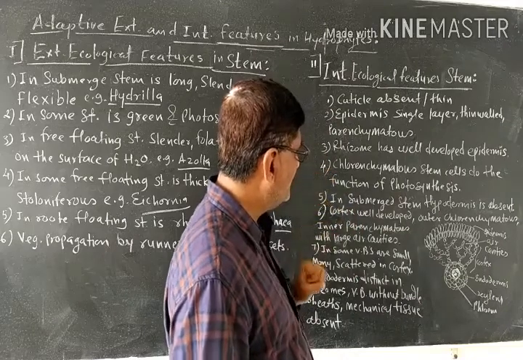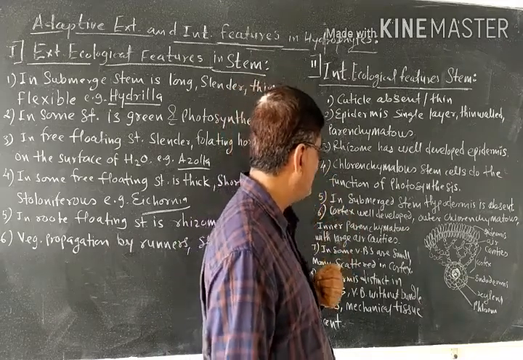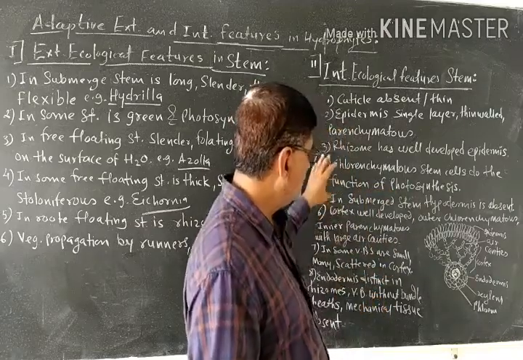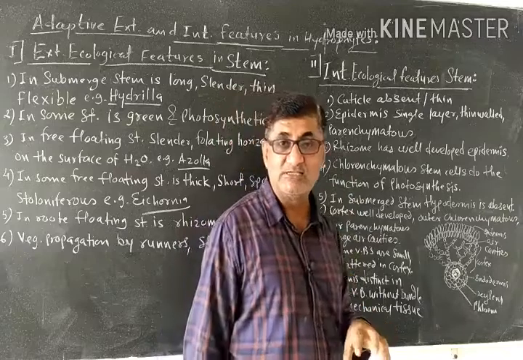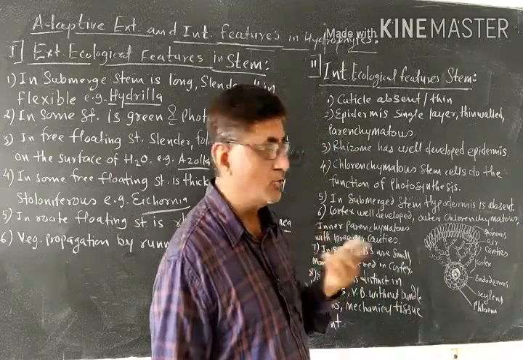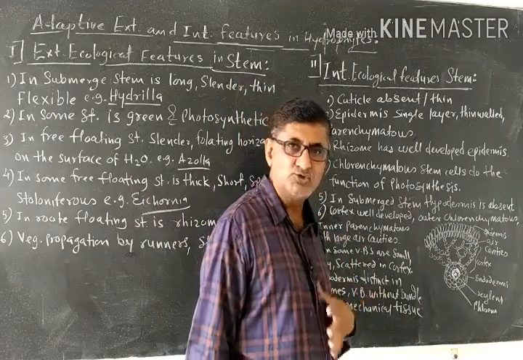In the cortex, some parenchymatous cells show the presence of chlorenchyma, and these chlorenchymatous cells help in photosynthesis. So they can also take over the function of leaves if the leaves are absent or reduced in some hydrophytes.